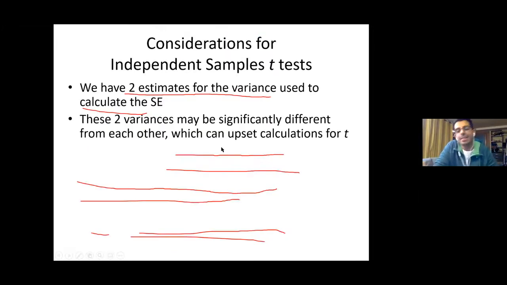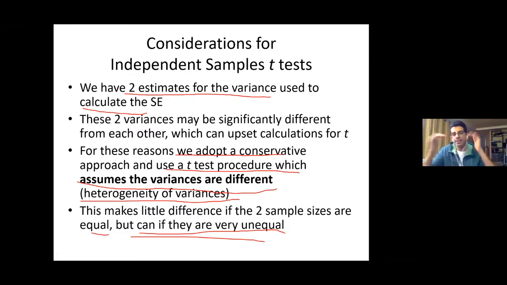Now, as the sample size differs from group to group, generally the variance also can, it's not necessary for it to change, but it could be different from one group to the other. So if you have two groups, and you know that the sample sizes are not the same, then you will analyze it using the heterogeneity of variances.